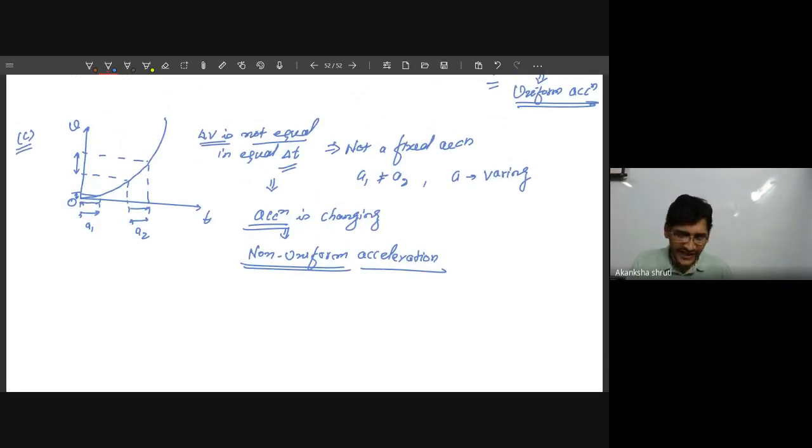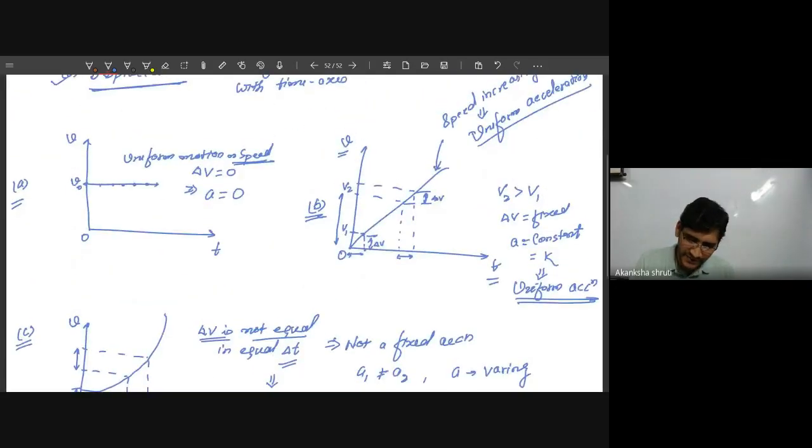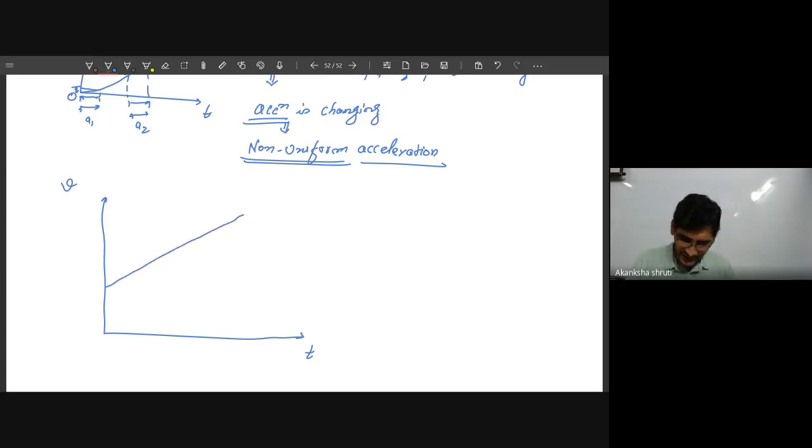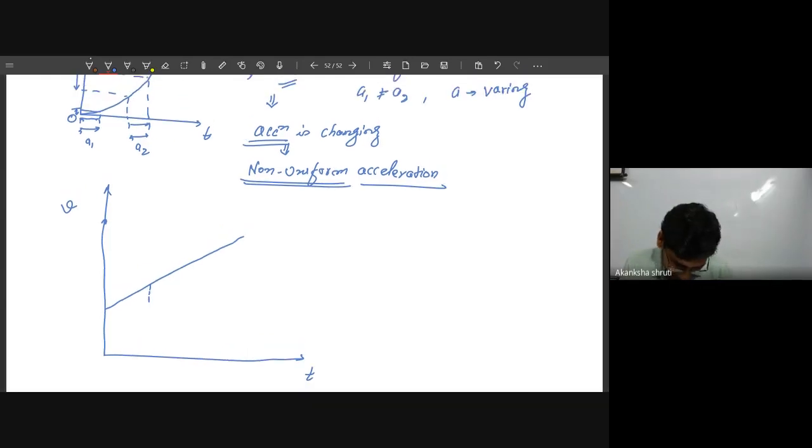So how to calculate acceleration? Acceleration just by taking the slope. A student, if I am just taking a graph of V versus t, where the object is starting from this and going like this, I am interested in the interval t1.